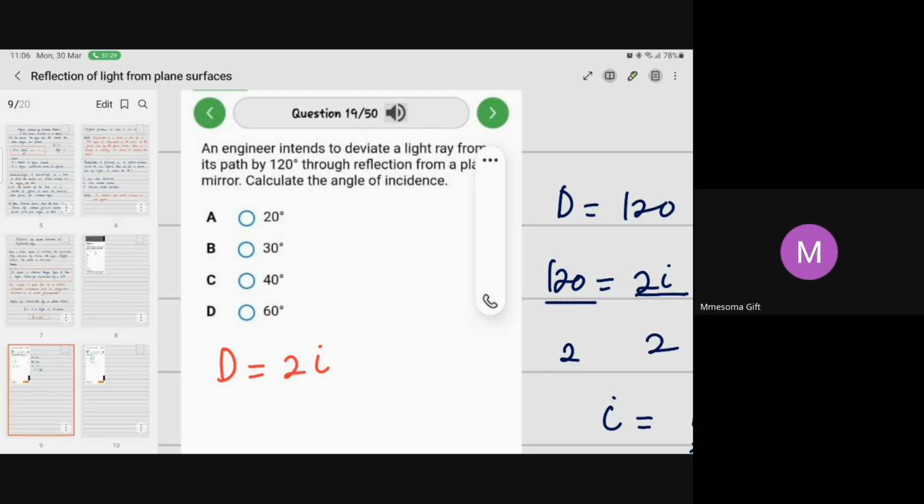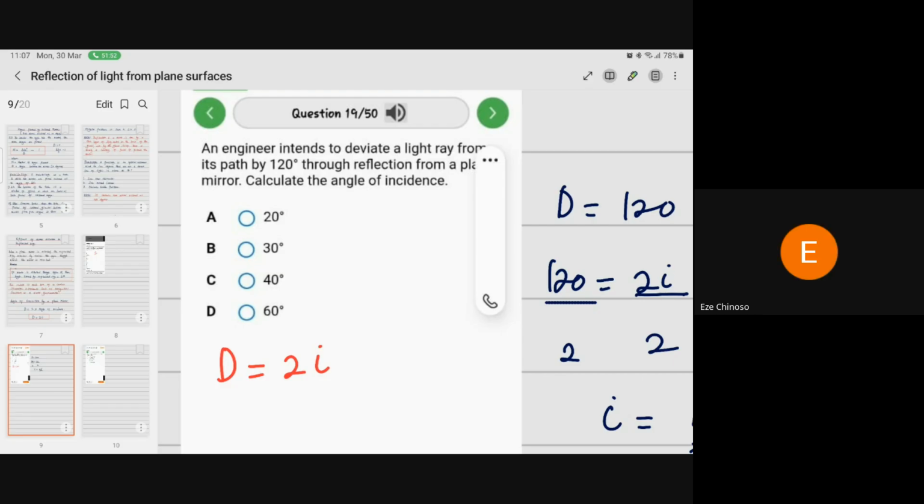Good. So when do we normally use 2i again? Check for me again, please. When do we use 2i? 180 minus 2i is for a plane mirror.